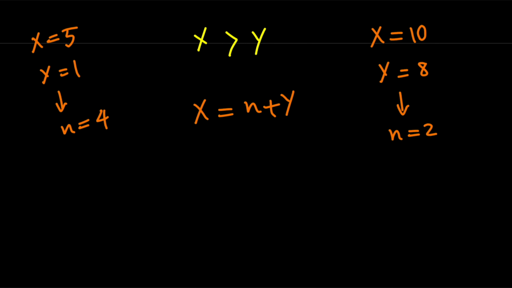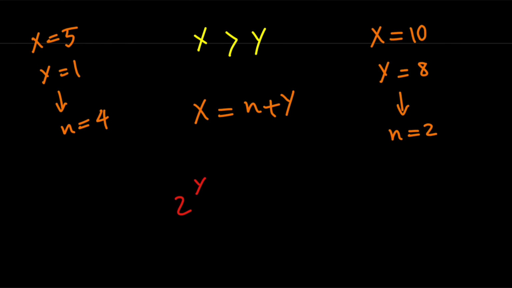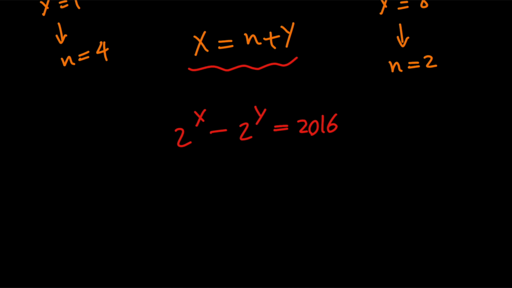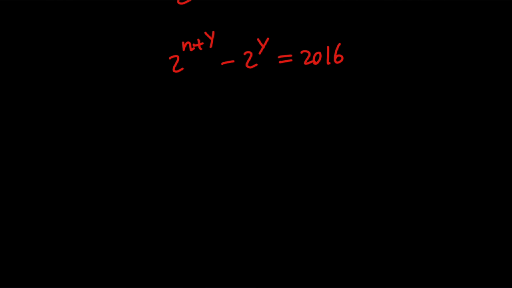Next, let's rewrite our original equation. We had 2 to the power of x minus 2 to the power of y equals 2016. And since we assume that x is equal to n plus y, I can say that 2 to the power of n plus y minus 2 to the power of y equals 2016. Next, I can use the rules of exponents and replace this with 2 to the power of n times 2 to the power of y.